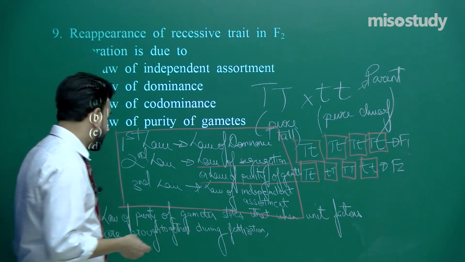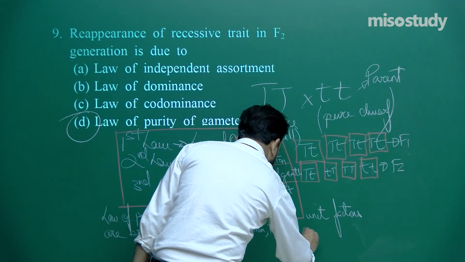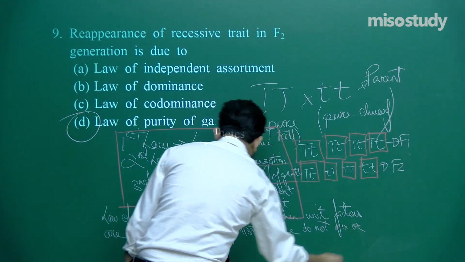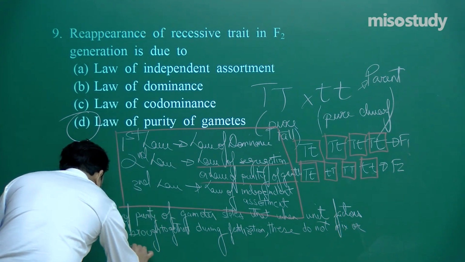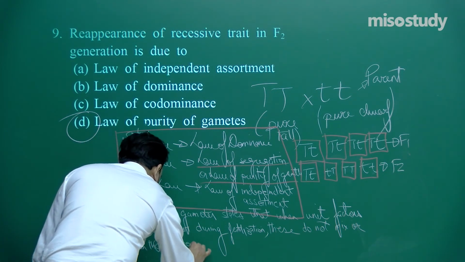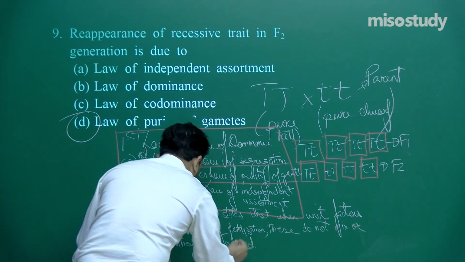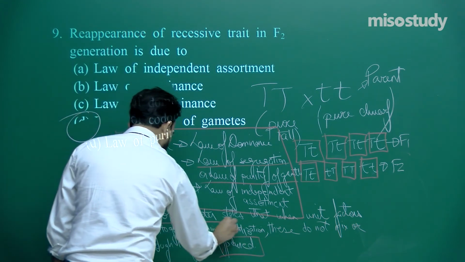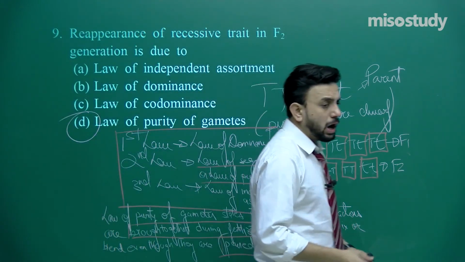When they are brought together during fertilization, these do not mix or blend, even though they are paired. So what do I mean by this?